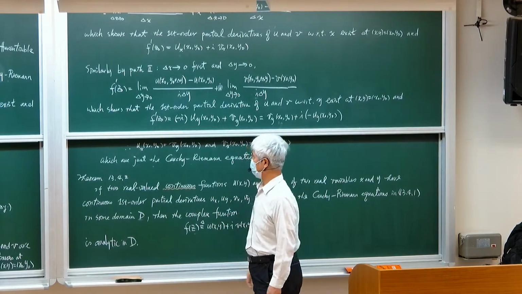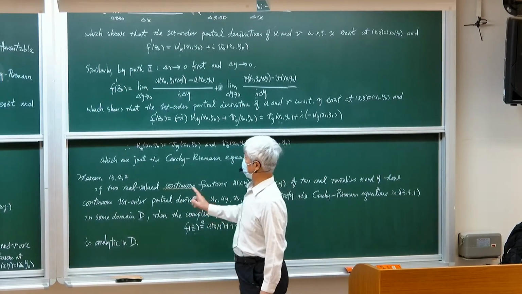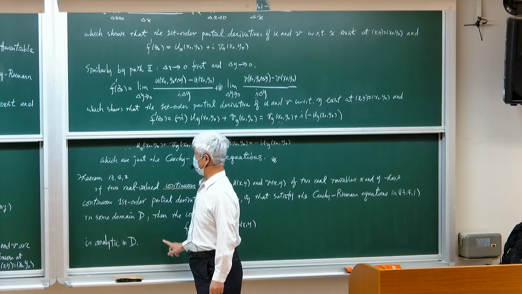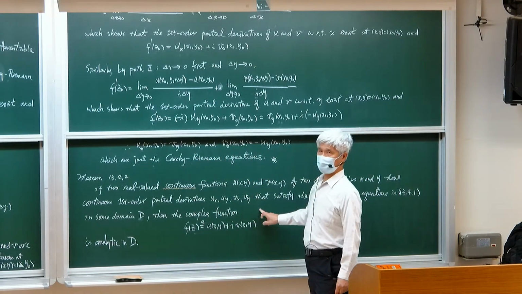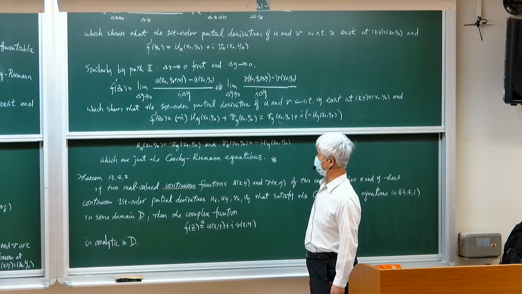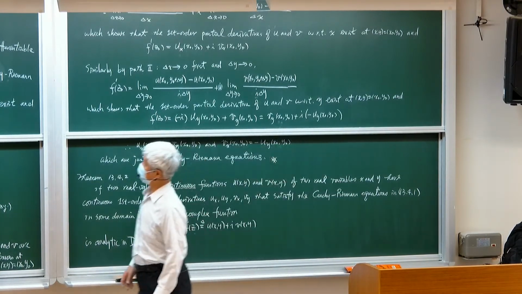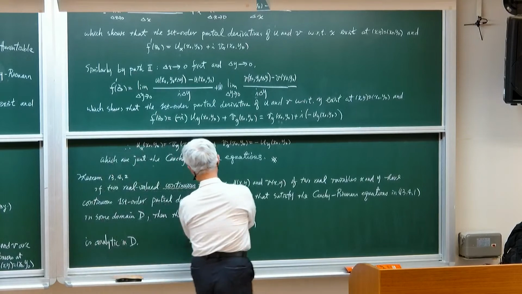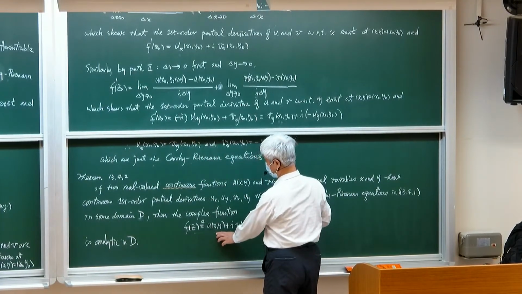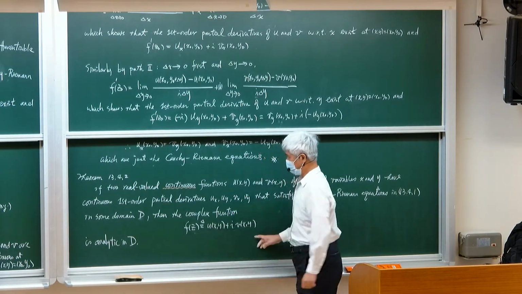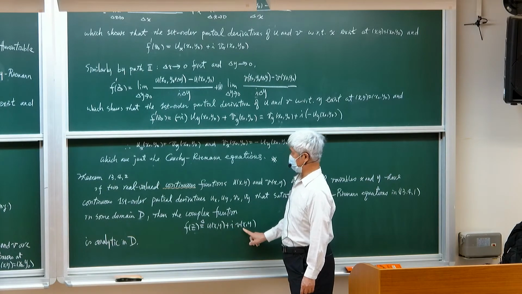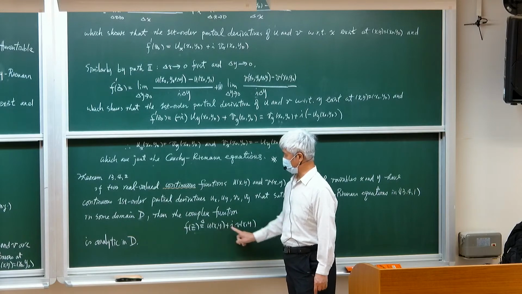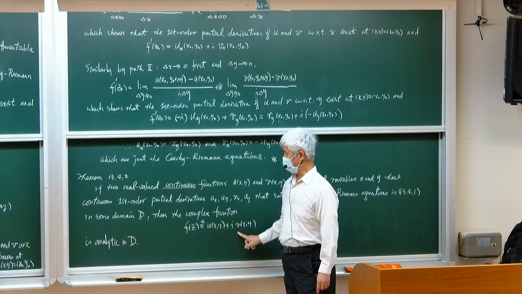Okay, but at this moment, it is a very good theorem to justify whether a complex function is analytic in a domain or not, because you just verify its real part and imaginary part to see if they are continuous functions, right?